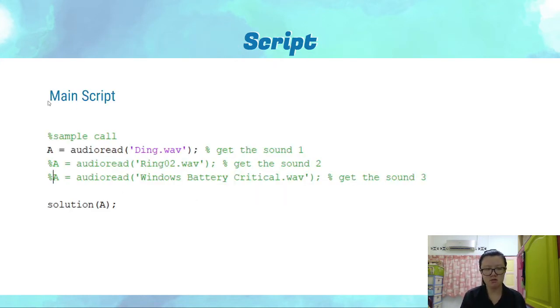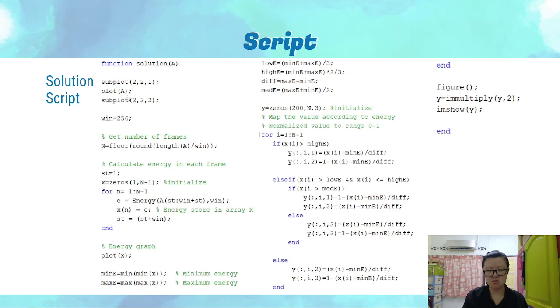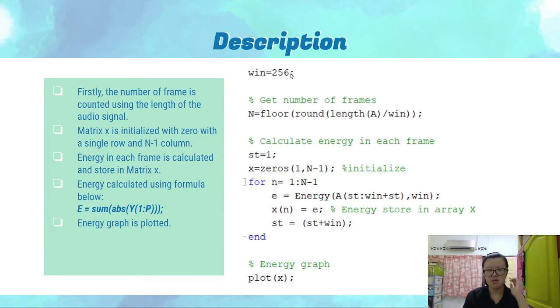So this is the main script. This script I used to read the audio from the computer. The solution script is the proposed solution I explained just now. Firstly, we need to calculate the number of frames using this formula.